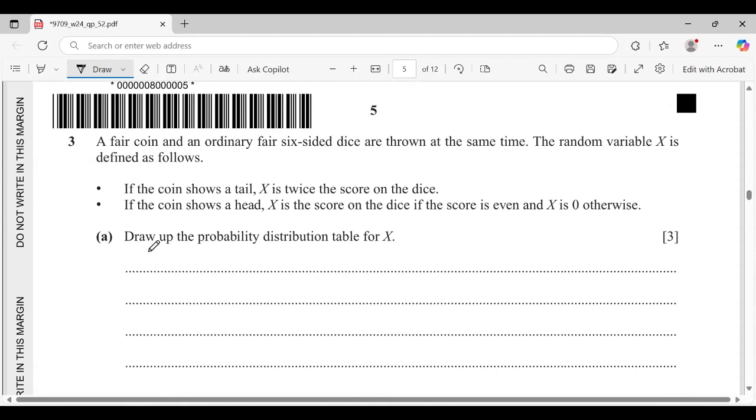And the components of coin, 2 outcomes, head and tail, or H and T. That's for coin. While dice, the component 6 outcomes, 1, 2, 3, 4, 5, 6. I would like to start with the random variable x.